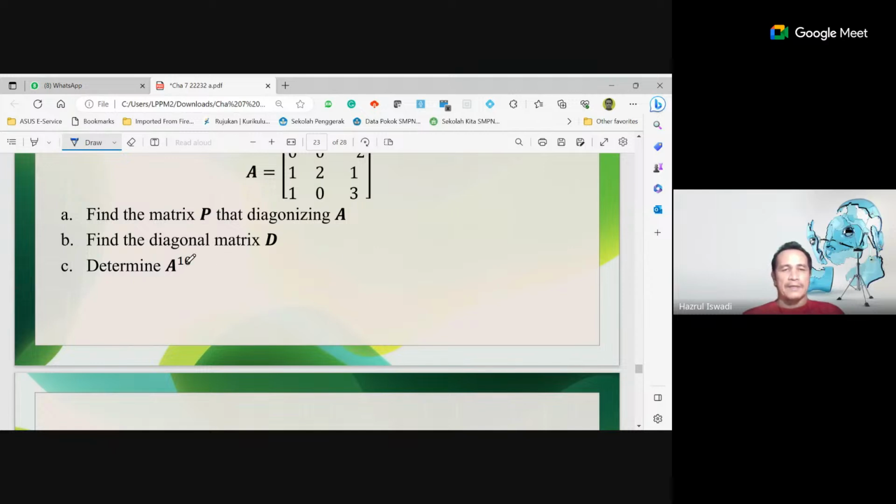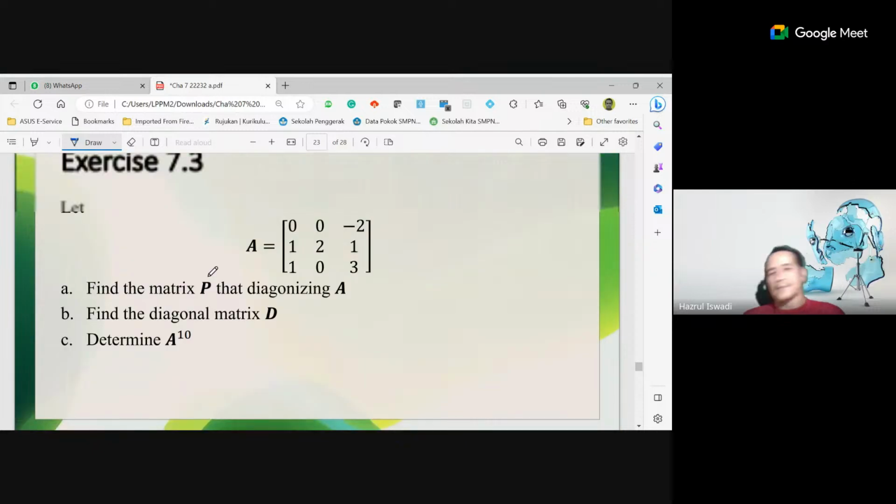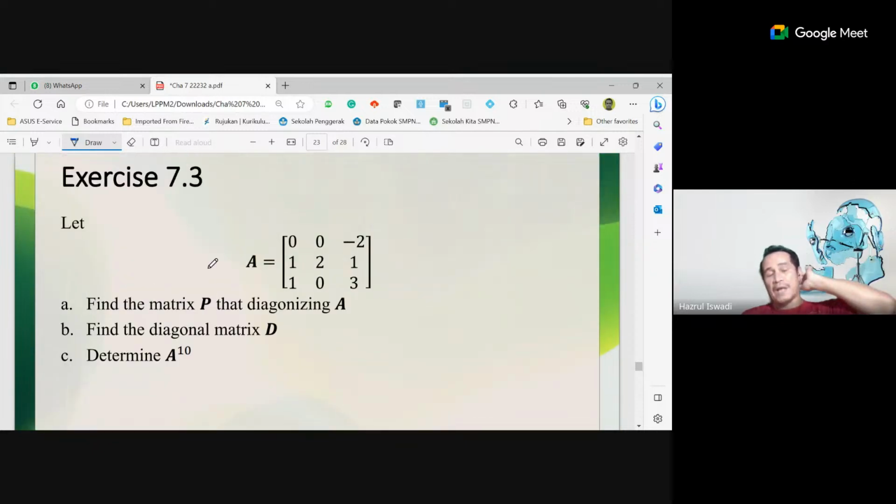It can be anything, maybe A to the power of 100 or 1,000 or 1 million, because the result will be similar.